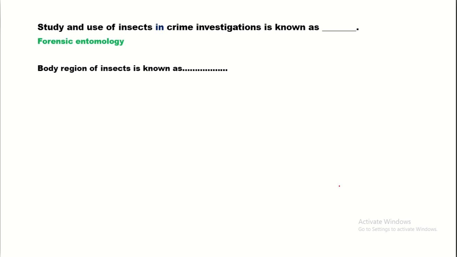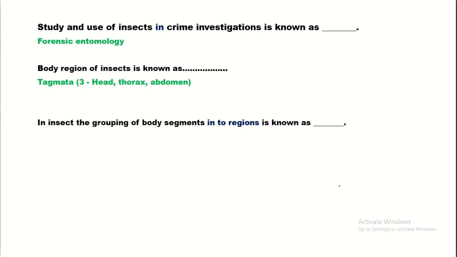Body regions of insects are known as tagmata: three tagmata, head, thorax, and abdomen. The grouping of body segments into regions is known as tagmosis.